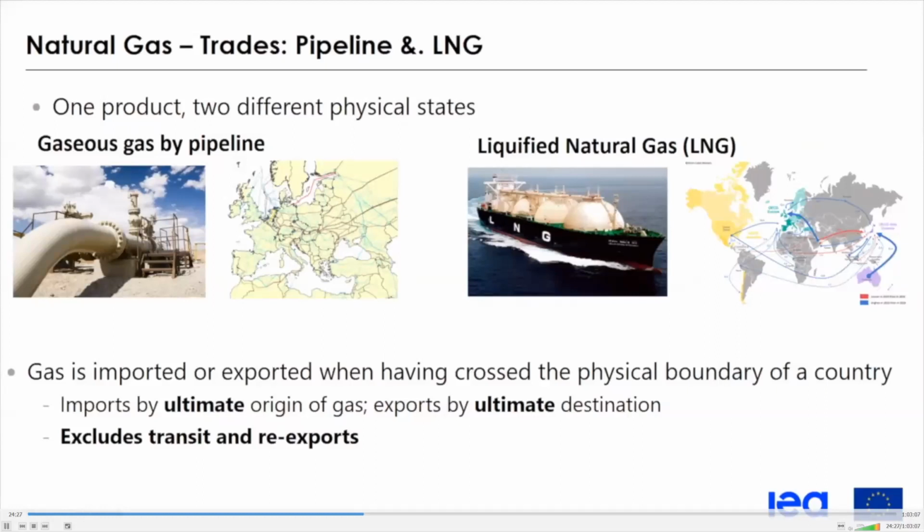So imports, for example, from Nigeria will be classified in such a way. Exports should be domestically produced, so the unused quantity leaving the country should be reported under exports. To say it another way, we focus on the ultimate origin or destination of the gas, and we do not include in our data statistics the transit and re-export of natural gas.